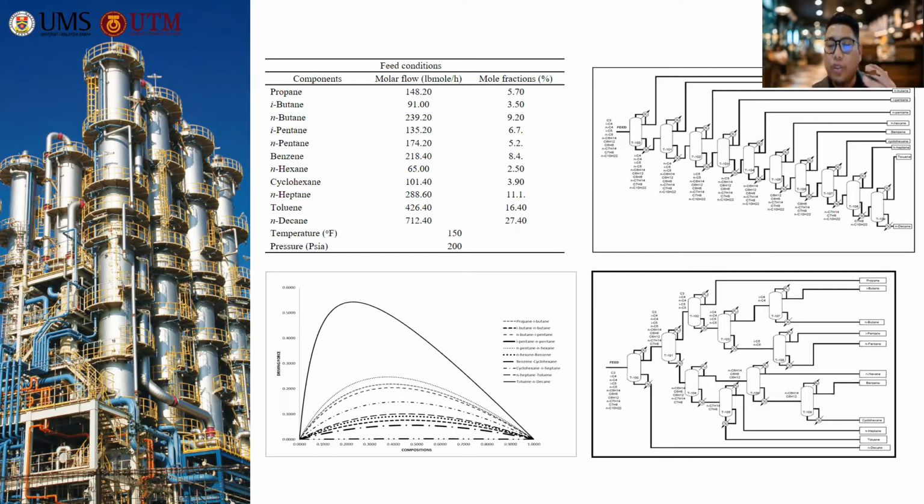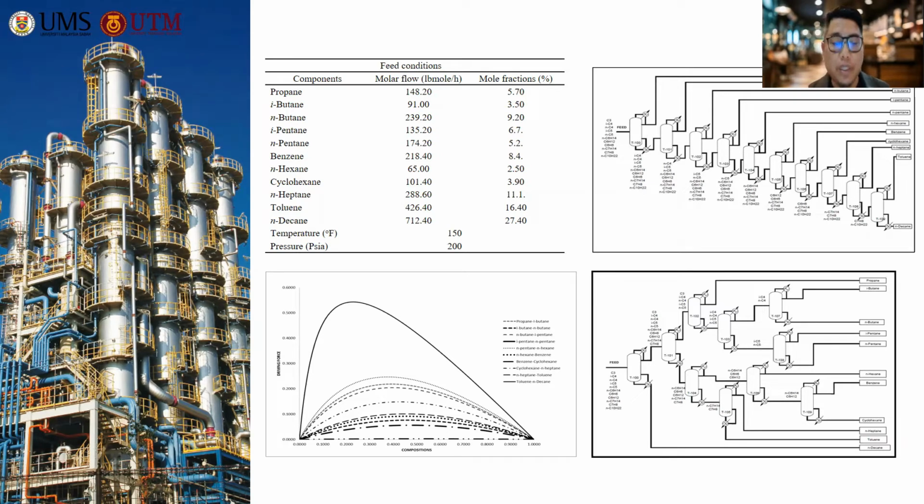Once we have constructed this driving force curve, the highest curve means the easy separation. Once we have easy separation, the energy required to maintain the separation will be at the minimum. So if we separate this splitting first, the highest curve, the overall energy requirement for the sequence might be at the minimum.